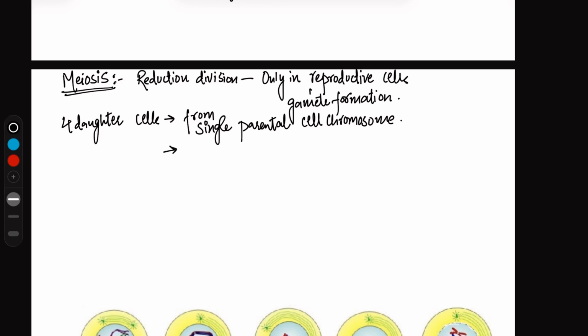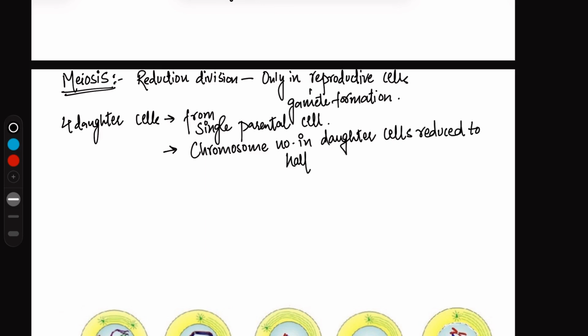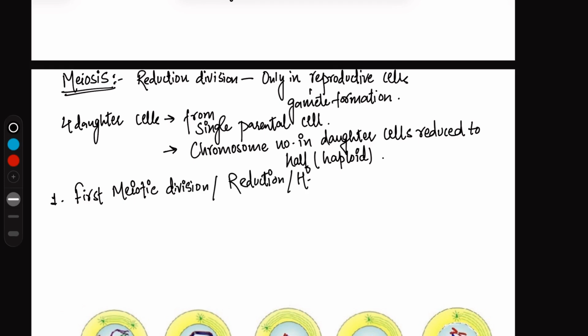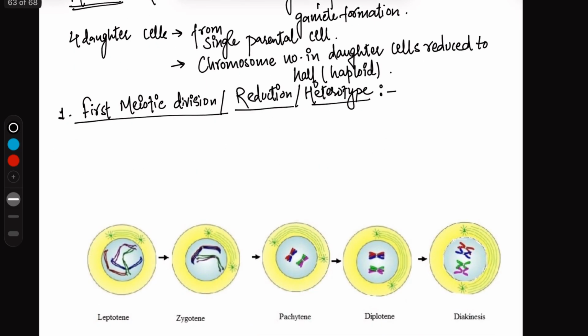Now, because the chromosome number is reduced to half, there is a difference in number. So it is also called heterotype or first meiotic or reduction division.